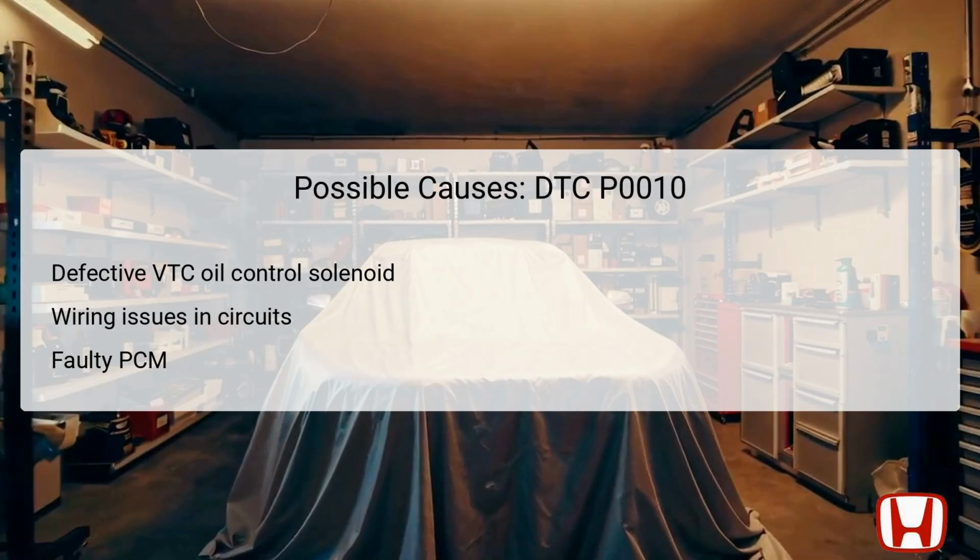It's vital to inspect the VTC IN and PG circuits for any wiring-related problems. Finally, if the solenoid and wiring check out, a malfunctioning PCM could be the culprit, as it is responsible for processing input signals and regulating the engine's performance accordingly. The PCM itself can suffer from failures that may require replacement or reprogramming.